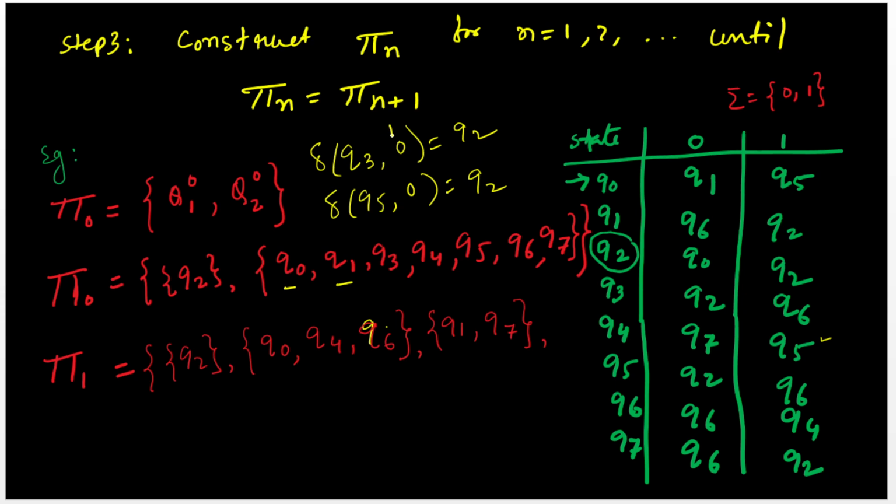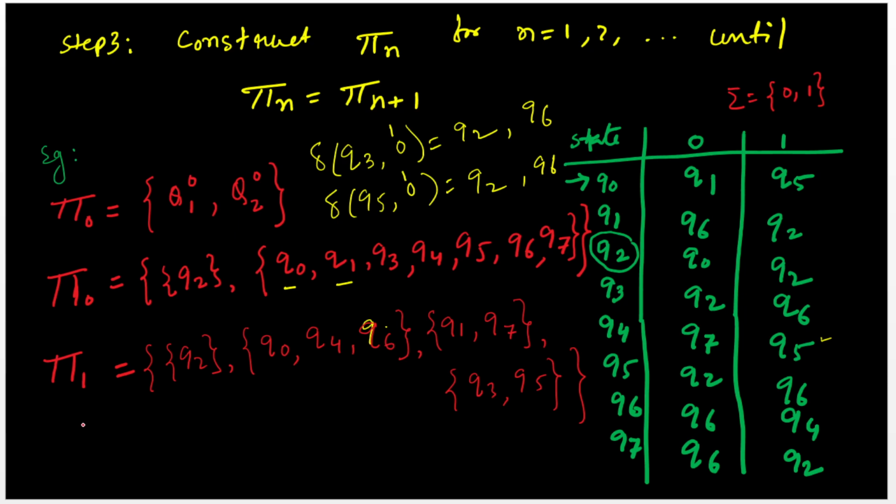Now take 1. Q3 with 1 gives you Q6 and Q5 with 1 gives you Q6. Both are in the same equivalence class of pi naught. So Q3 and Q5 belong to the same equivalence class in pi 1. So all the states have been covered in pi 1.